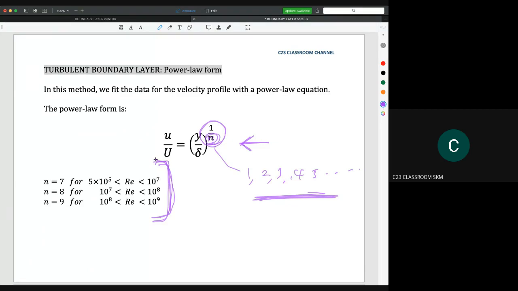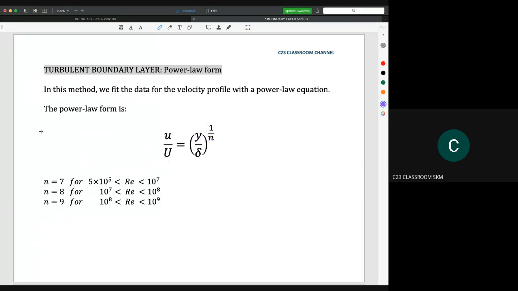So normally in our syllabus we are using this number. However, to test your capability in solving the mathematical equation, sometimes we give you n equal to 10 and n equal to 11. However, the mathematical steps remain the same. Okay.